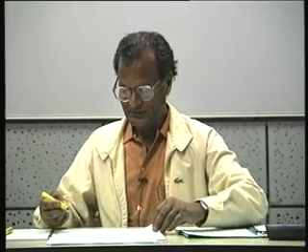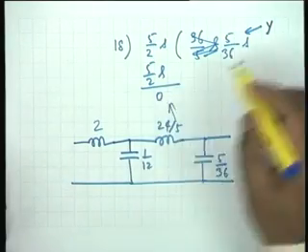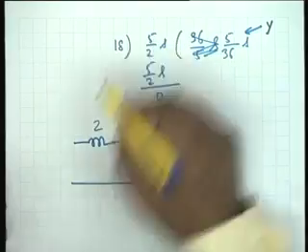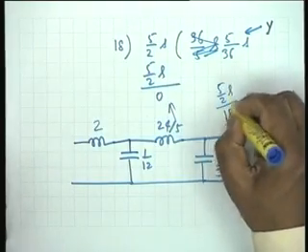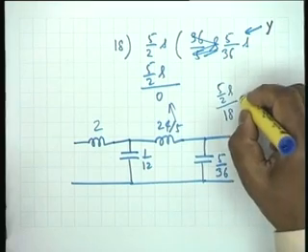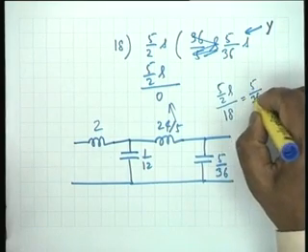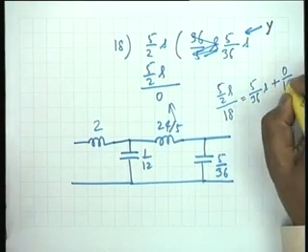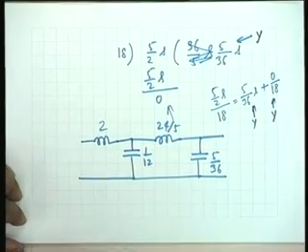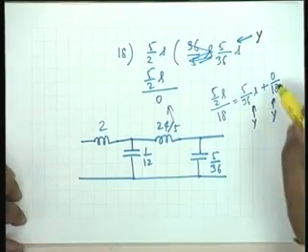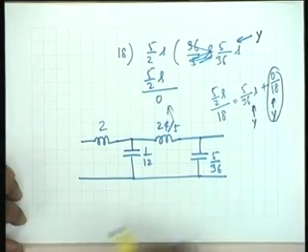You see, the last division, the remainder is 0, and 5 by 2s divided by 18 is the division that we have performed here. This is equal to 5s by 36 plus 0 by 18. If this is an admittance, this must also be an admittance, and 0 admittance means an open circuit.